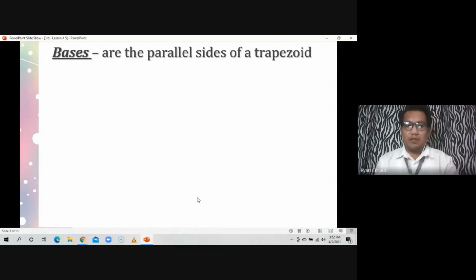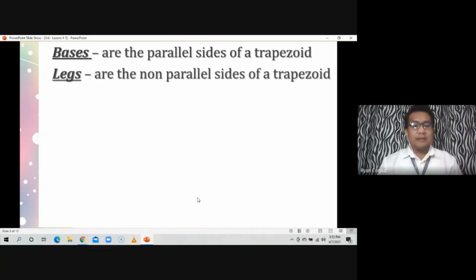Just like what we have mentioned earlier. Next, legs. Legs are the non-parallel sides of a trapezoid. So when you draw a given trapezoid, since you know na meron yung exactly one pair of parallel sides, that non-parallel sides of the trapezoid, we call that the legs.